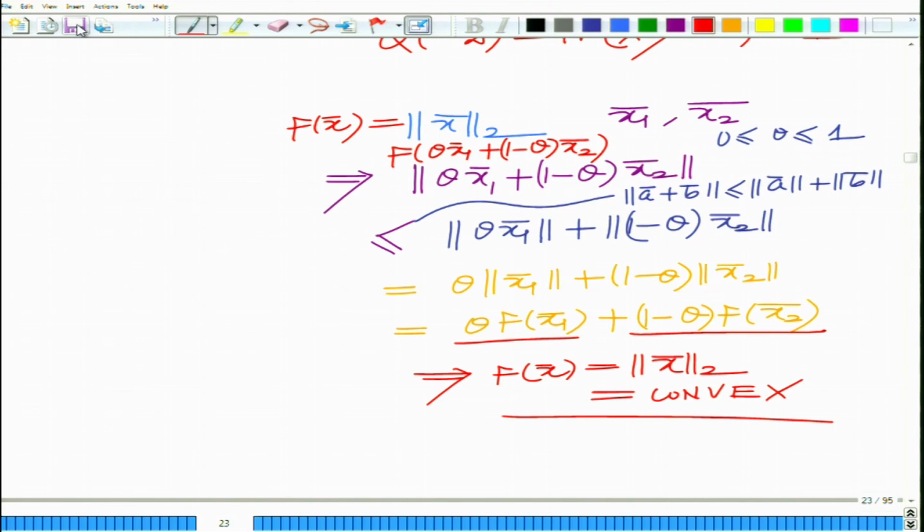Okay. So, this is a straightforward way to show that the 2 norm, the L2 norm, is convex. However, this might be a slightly cumbersome way to show it, especially for any function of a vector, correct, or a function of more than one variable.